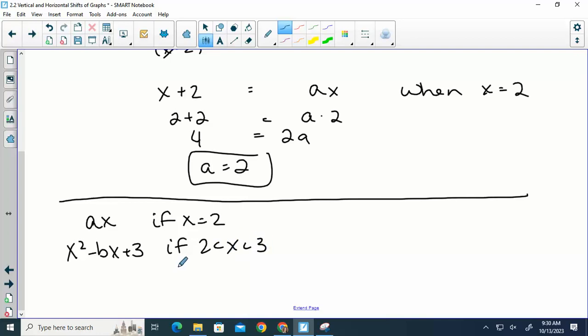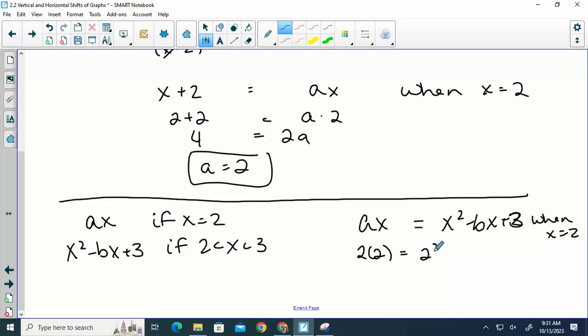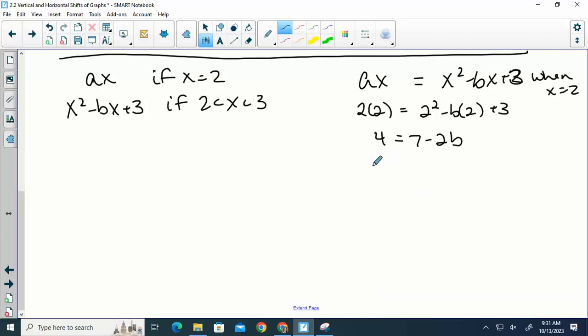So I would need those to match up. So I need ax to equal this when my x is 2. But I already know a is what? 2. And if I plug in the 2 for x, I get 4 equals 7 minus 2b. So subtract the 7 and divide, and we get b.